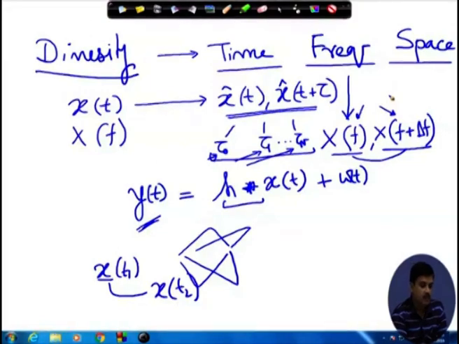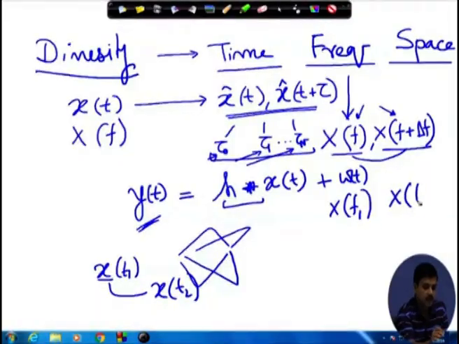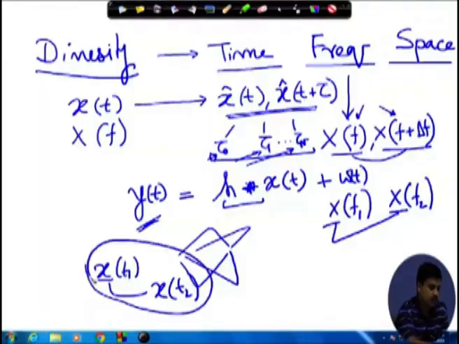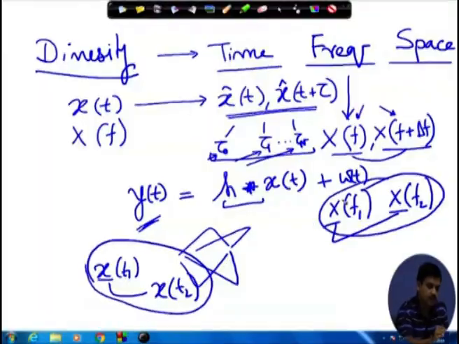But in the frequency domain, I have to send a signal at a frequency f1 and a frequency f2. That means I will be sending the same signal at two different frequencies and I will be receiving them. So, what we see from here is that I am sending at two different times, or at two different frequencies.